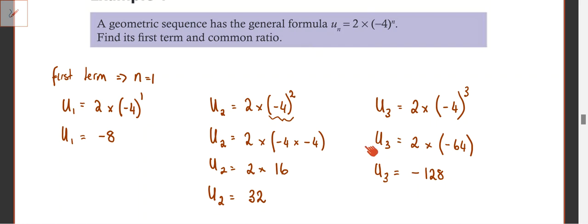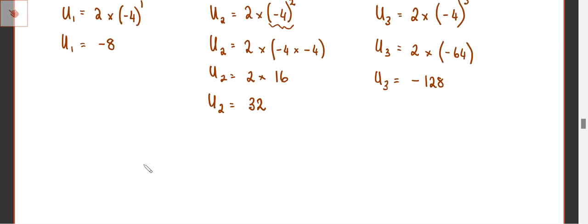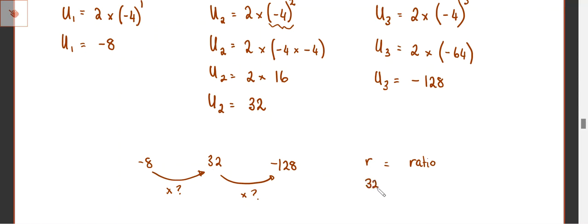Now, just to finish this question off, we've got a sequence that is negative 8, then 32, then negative 128. What we're looking for is, what do we multiply by? And how do we work it out? So r is the common ratio, and ratio is a division. So to work out negative 8 times what gives me 32, we do 32 divided by negative 8.